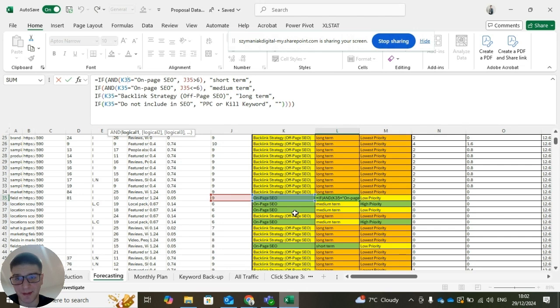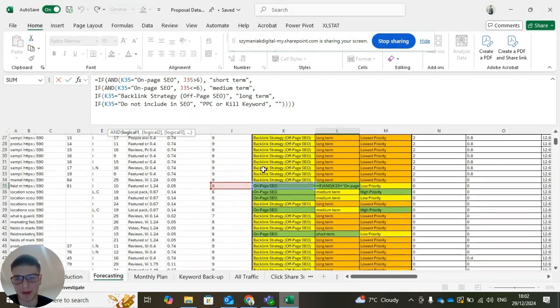If for this example, on-page SEO strategy and it is below number 6, so if it's not as relevant, so like you have the relevance score, if the query is not relevant to the page, we could put it in the medium term bracket.